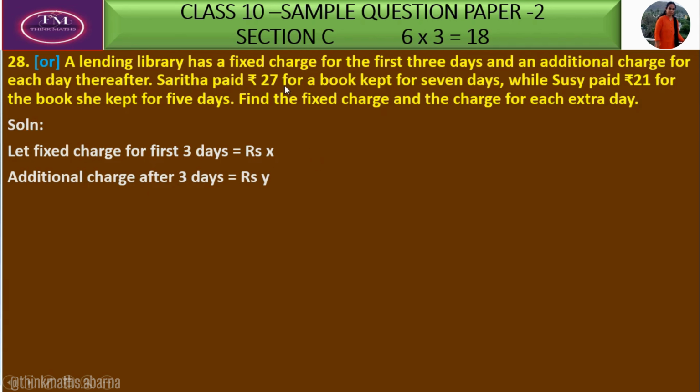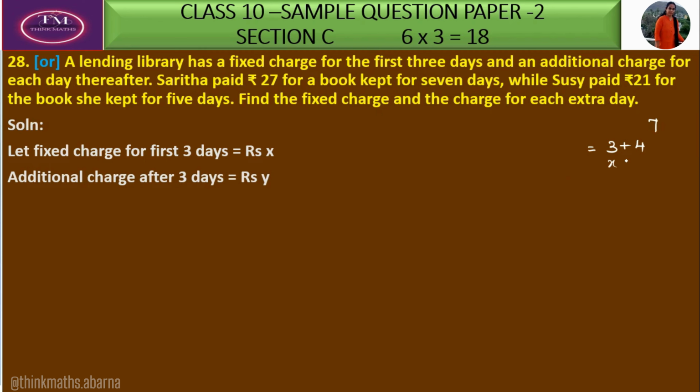Okay. Now what is the first one? Sarita paid rupees 27 for a book kept for 7 days. So she kept it for 7 days. So 7 days should be split into the first 3 days, which is a fixed charge, and then 3 plus 4 is 7. For each day after 3 days, so for 4 days, each day there will be an additional charge.